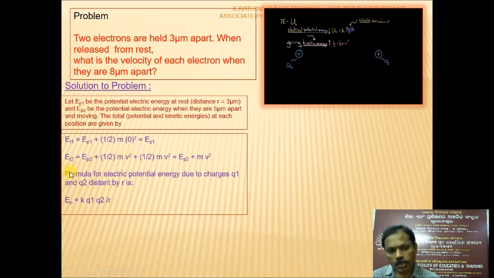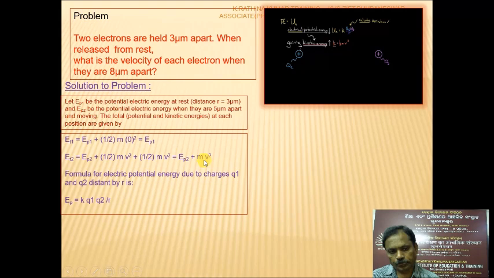That is the total energy, potential energy plus kinetic energy, plus half into mv square. The two charges are moving. First one is at rest, second case both are moving. That is why it is both added, the potential energy of the second case plus the kinetic energy in total.